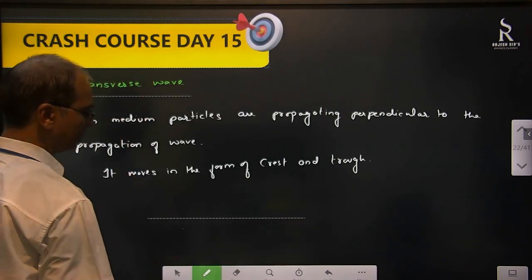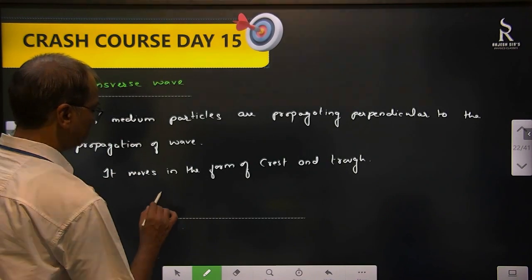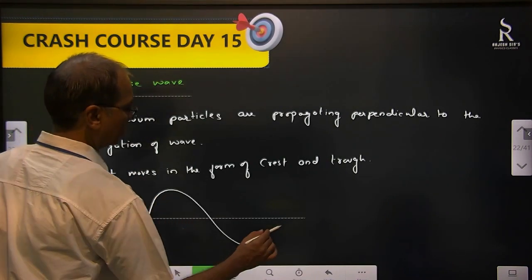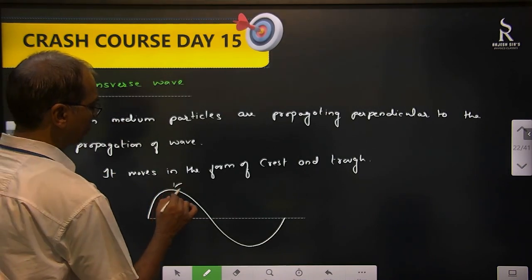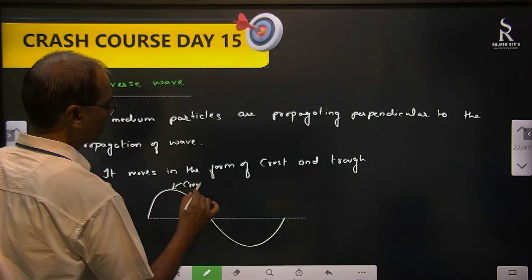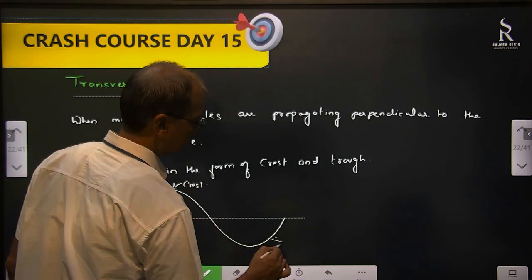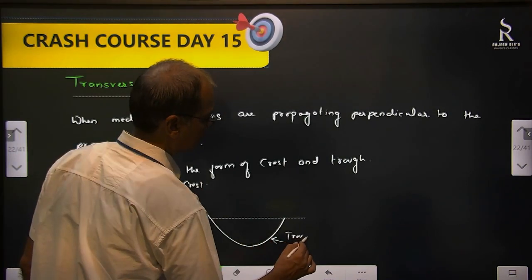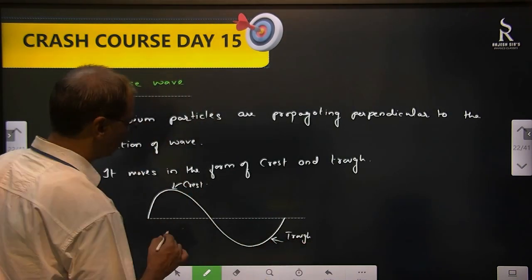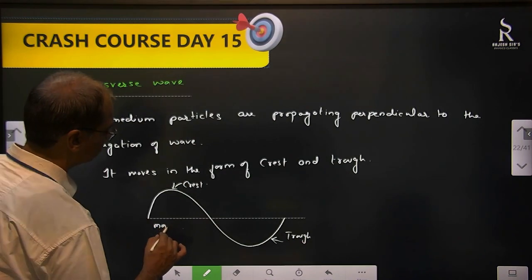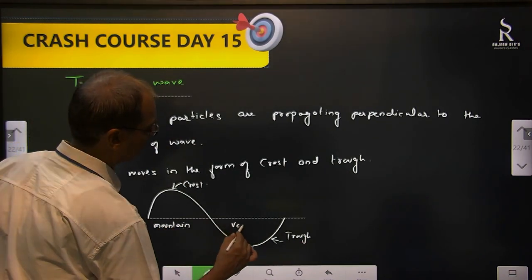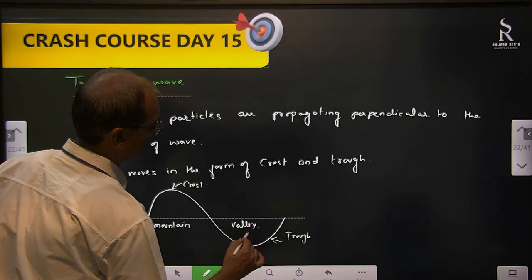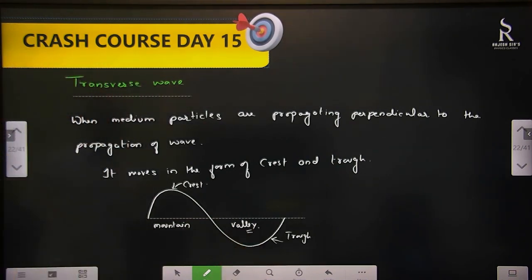The shape of the wave is like this. It moves in this form. This is the crest here and this is the trough. Sometimes it is referred to as mountain and valley. So it moves in the form of crest and trough.